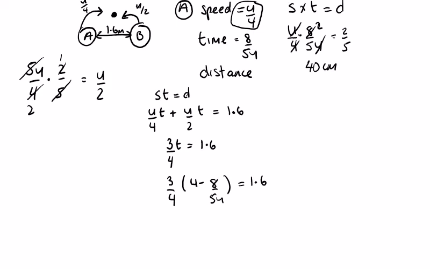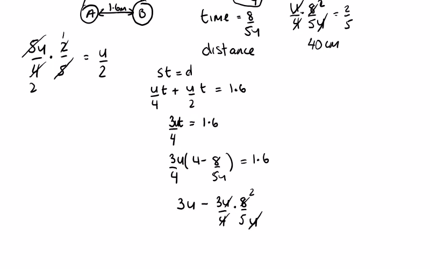So we have 3/4 of 4. Sorry, I left out a u there, didn't I? 3/4 of u, u times t. So we have 3u times 4 over 4, which is just 3u, minus 3u over 4 times 8 over 5u. My u will cancel. My 4 divides into my 8 twice, so I'm left with 6 over 5.